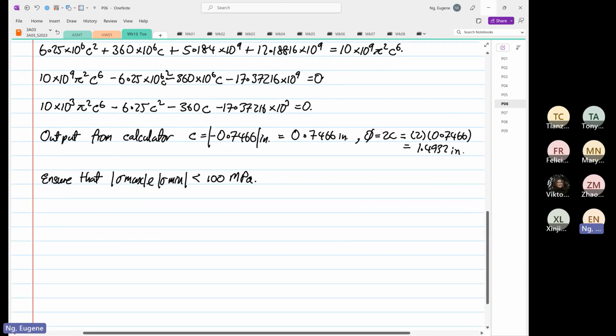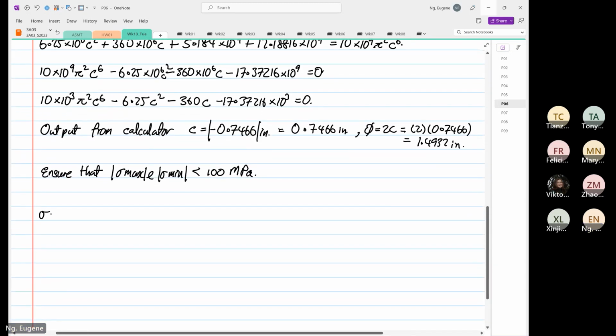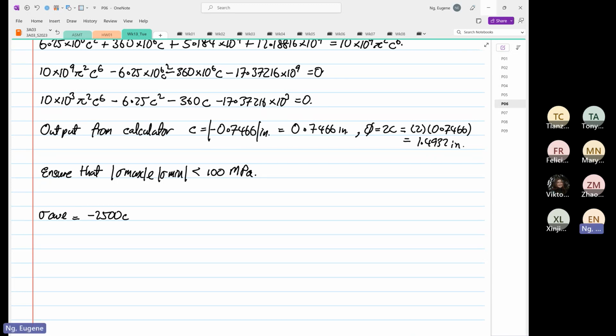So we know that our stress average formula is equal to minus 2500 C minus 72,123 divided by 2 pi C cubed. So we're going to take the value.